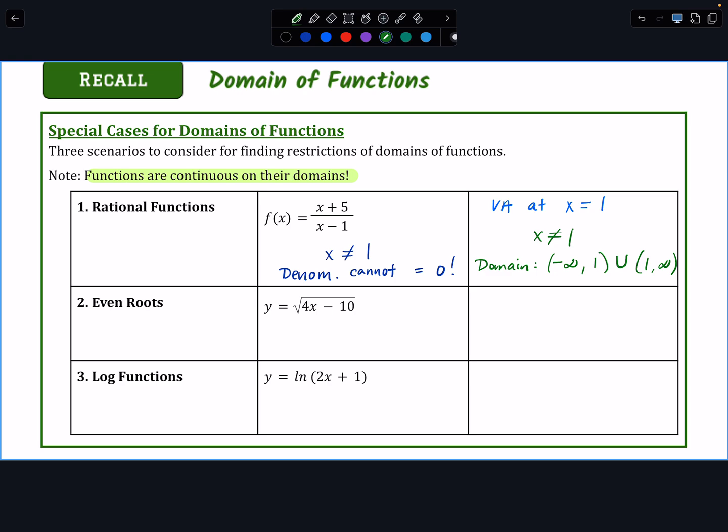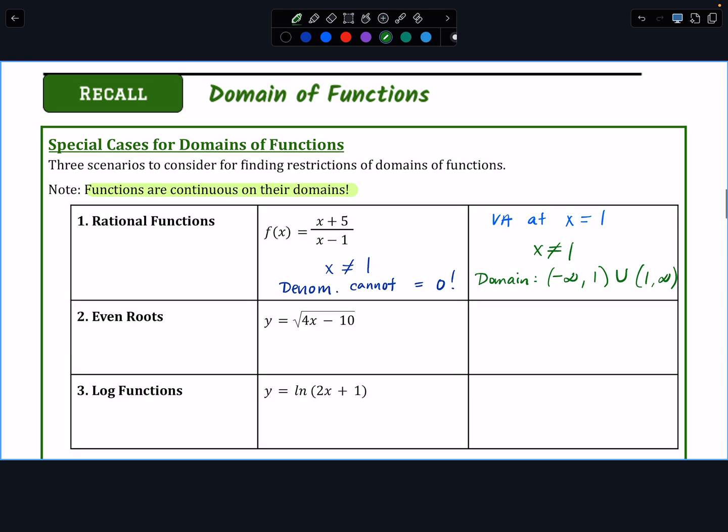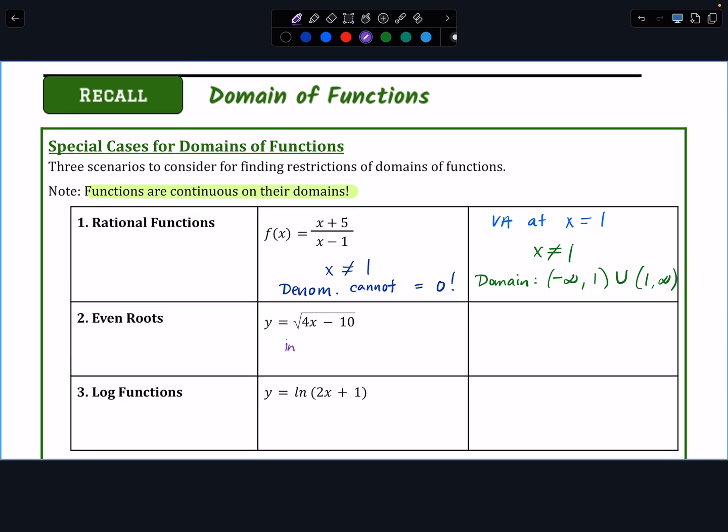Okay. Even roots. Most of the time in this class, we'll only be dealing with square roots, not 4th roots, 6th roots, whatever. But what numbers can we not take the square root of? Negatives, right? So you want the inside of the radical to be positive or 0.